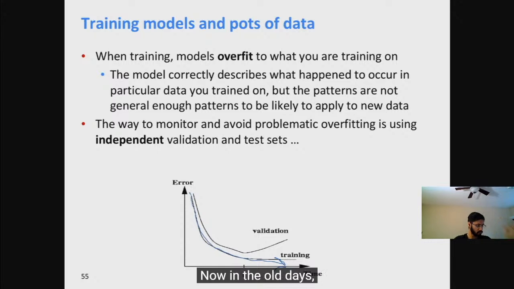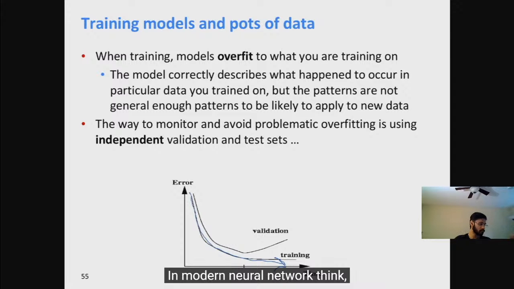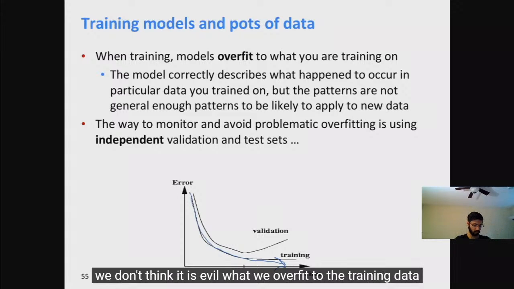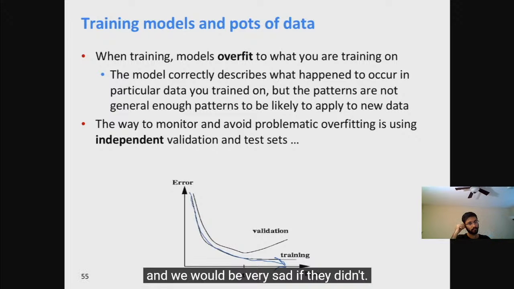Now, in the old days, the fact that you overfit to the training data was seen as evil. In modern neural network think, we don't think it is evil that we overfit to the training data, because all neural nets that are any good overfit to the training data, and we would be very sad if they didn't. I'll come back to that in a moment.